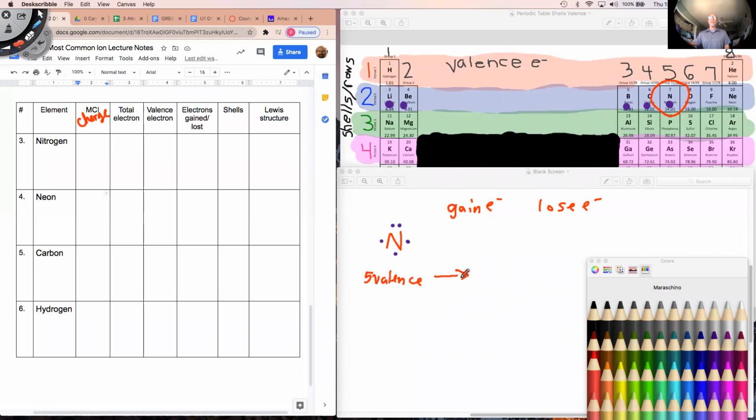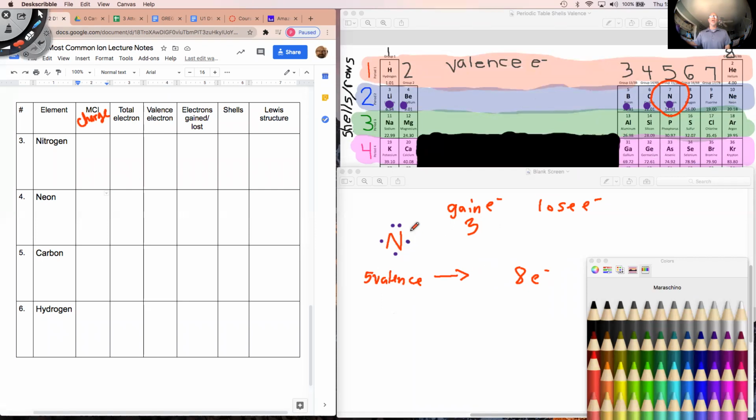The magic number to try and get to is 8 electrons, right? Because it wants to fill this whole shell, because if there's 8 electrons, the atom is more stable. Well, if nitrogen is going to gain, how many electrons would it need to gain? It would need to gain 3 electrons.